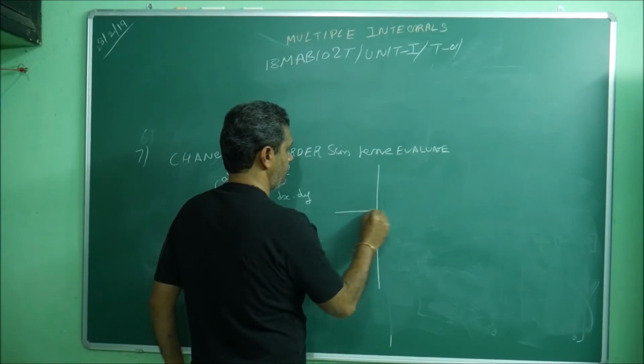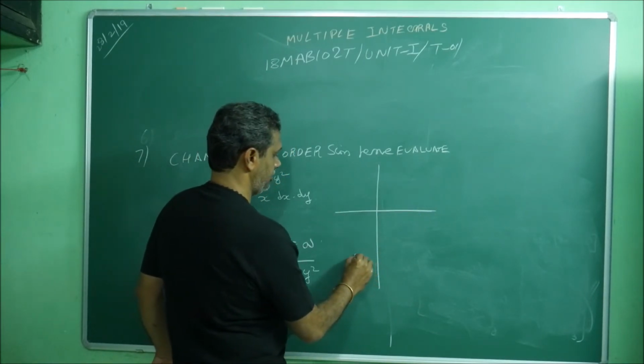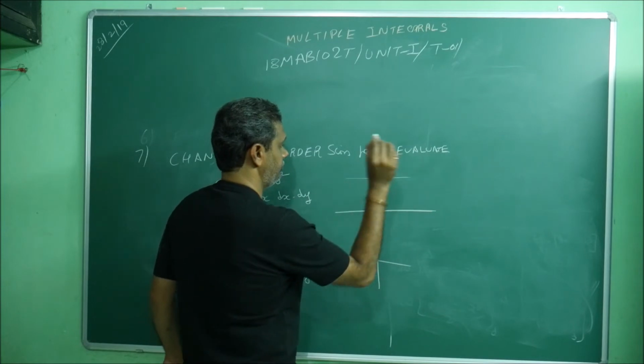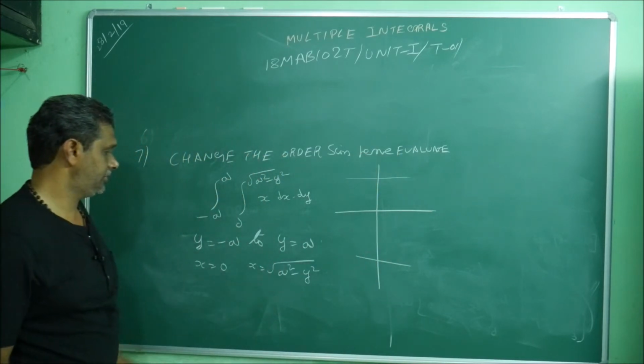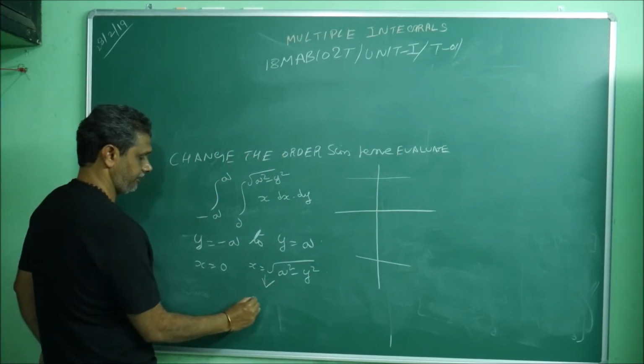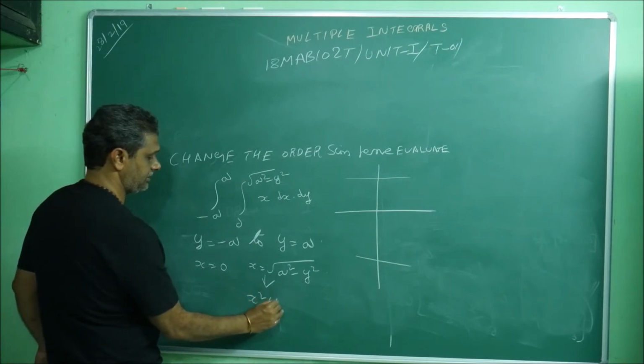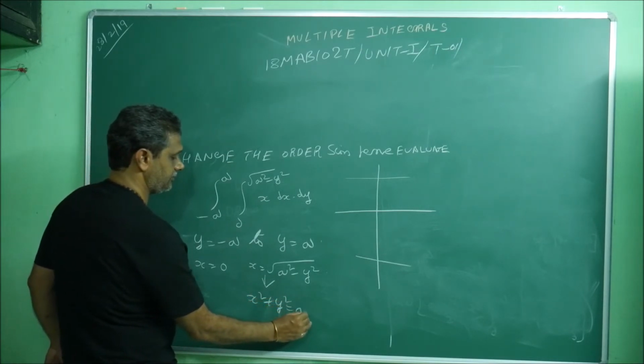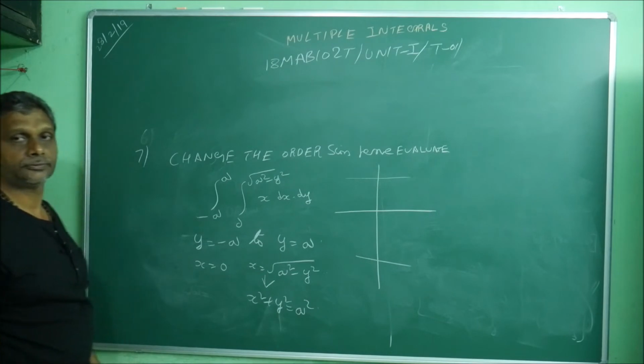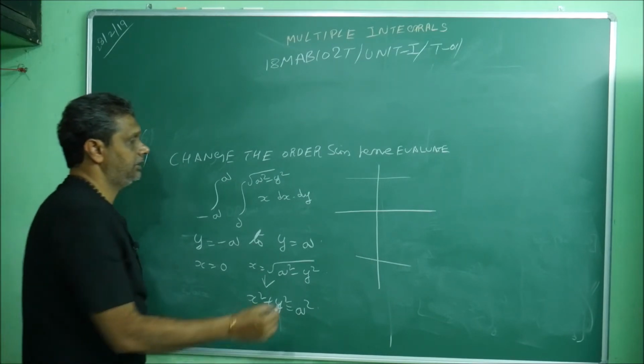Y is equal to minus a means what? I am starting here and going up. Okay, this if you see, this will give us what actually? X square plus y square is equal to a square, is a circle. Getting it? So this circle you can draw first.